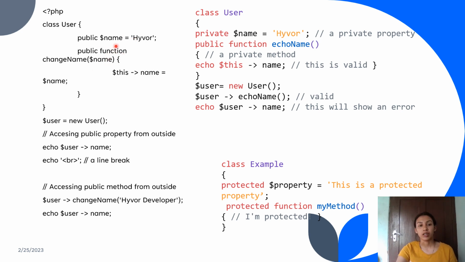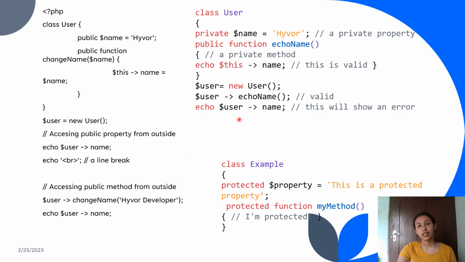So this function can be accessed outside of the class when we create the user object of the particular class user, and using that object we can call the function change name, and we can also access the $name property outside of the class. It will give an output.